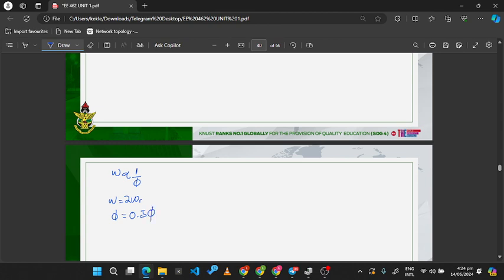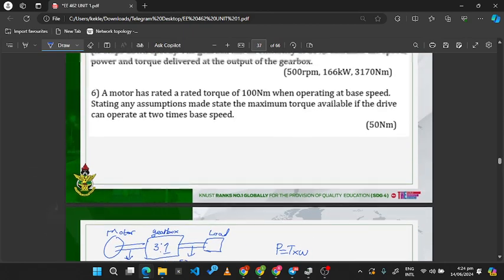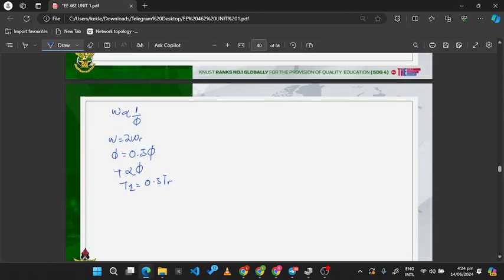And the torque being directly proportional to flux, our new torque becomes 0.5 times the rated torque. Our rated torque was given as 100 Newton meters. So for the drive to operate at 2 times the base speed, our flux becomes half, and that gives us 0.5 times 100, which is 50 Newton meters.